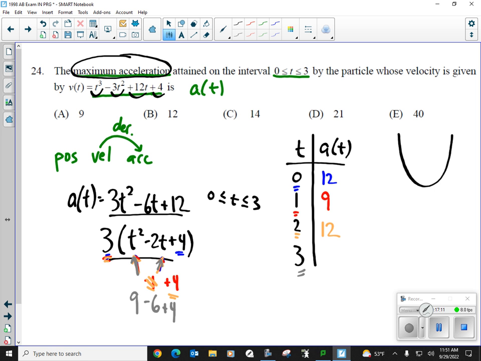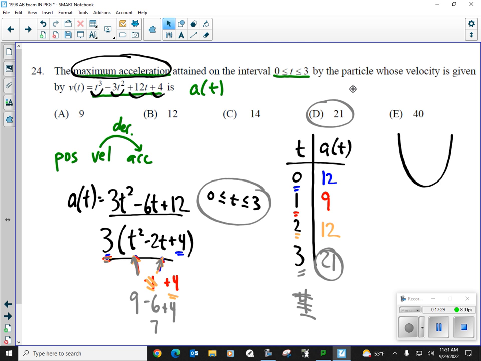That's 7 times 3, which is 21. The maximum acceleration in this interval is 21. If I went to 4, it'd probably get higher, but they only want from 0 to 3. That was almost like an Algebra 1 problem once you got to the acceleration. That was a good one.